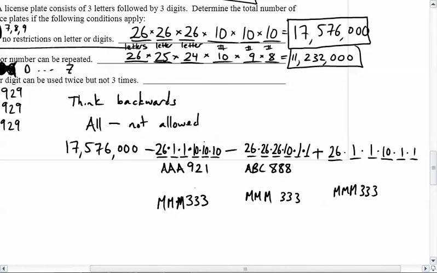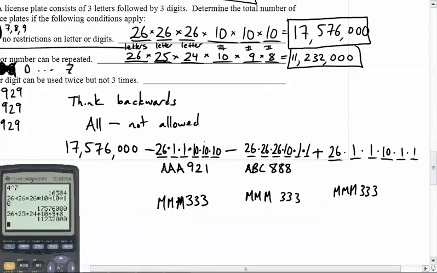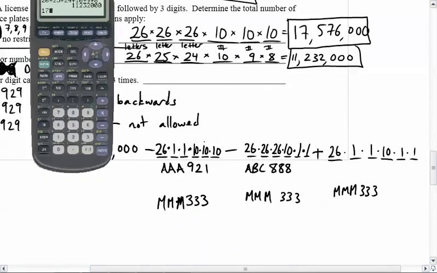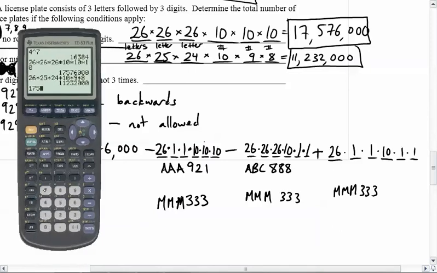So now I plug that into my calculator, starting with 17,576,000 minus the 26 times 10 times 10 times 10, and then minus 3 letters the same, sorry, 3 different letters, three numbers the same, but then that means that I possibly subtracted the MMM 333 type of number 2 times.